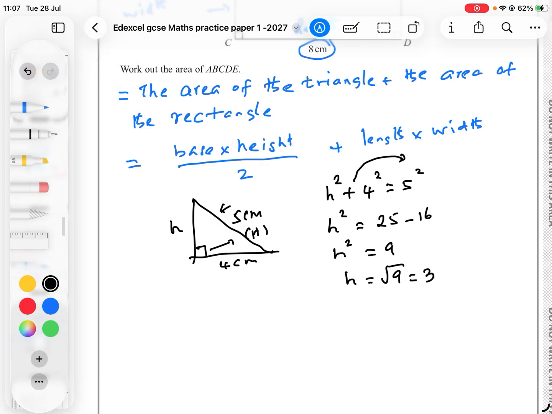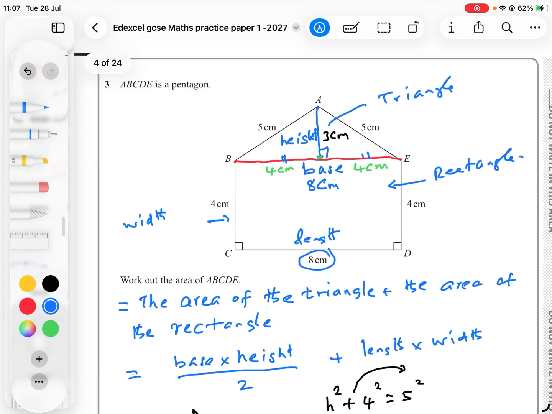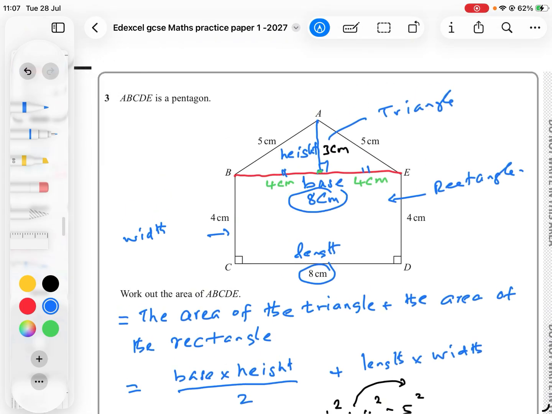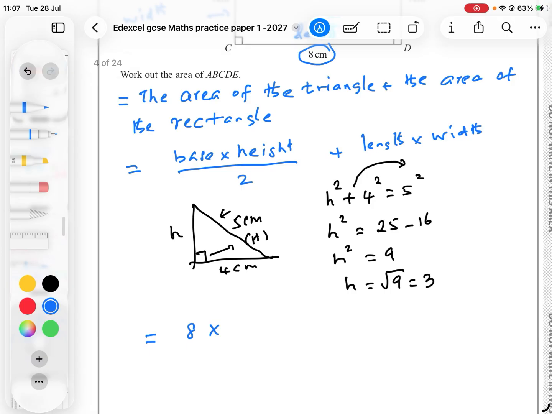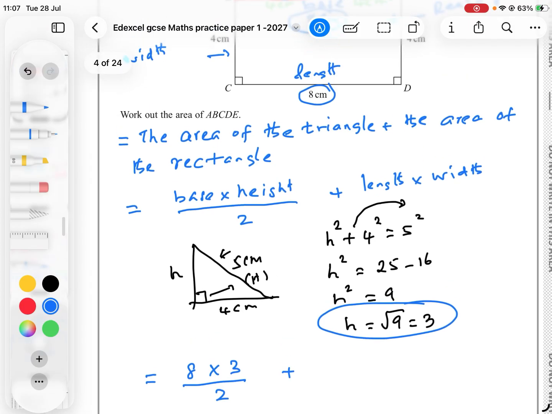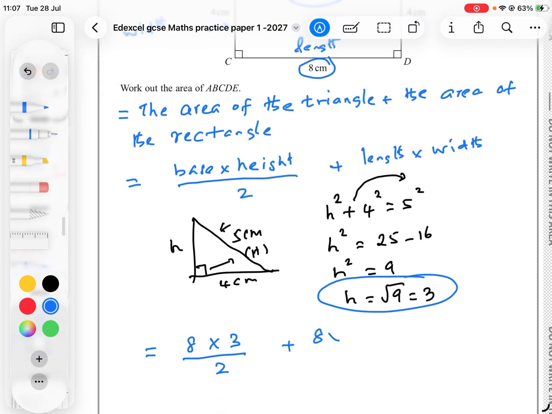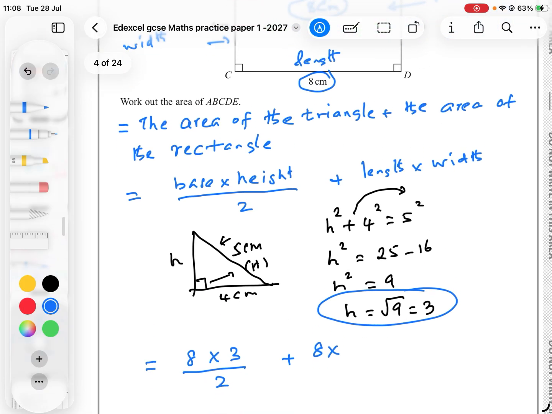So now area of the triangle: base 8 centimetres times the perpendicular height we worked out, 3 centimetres, divided by 2, plus the length of the rectangle, 8, times the width of the rectangle, 4.